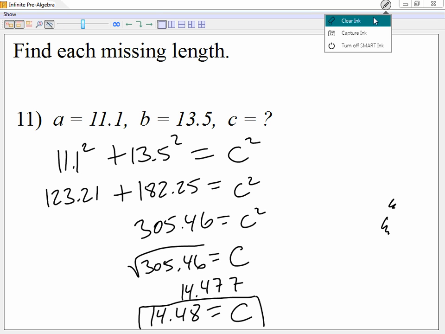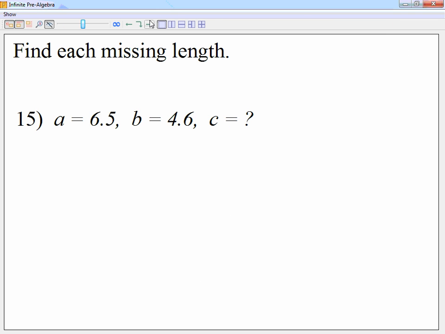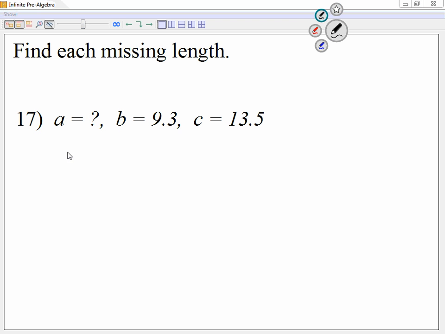Let me take a look at question number 17. Just because I'm not asking for c this case, I'm asking for a. So let me go a squared plus 9.3 squared is equal to 13.5 squared.